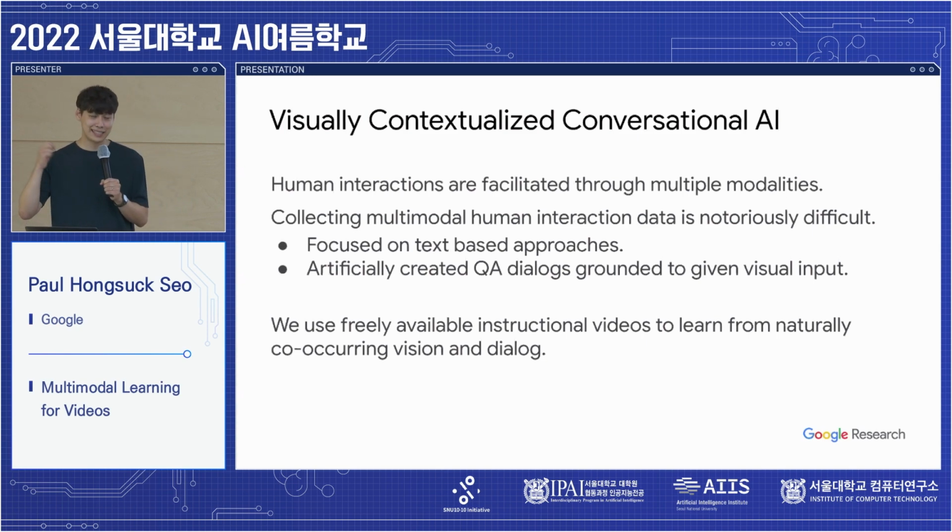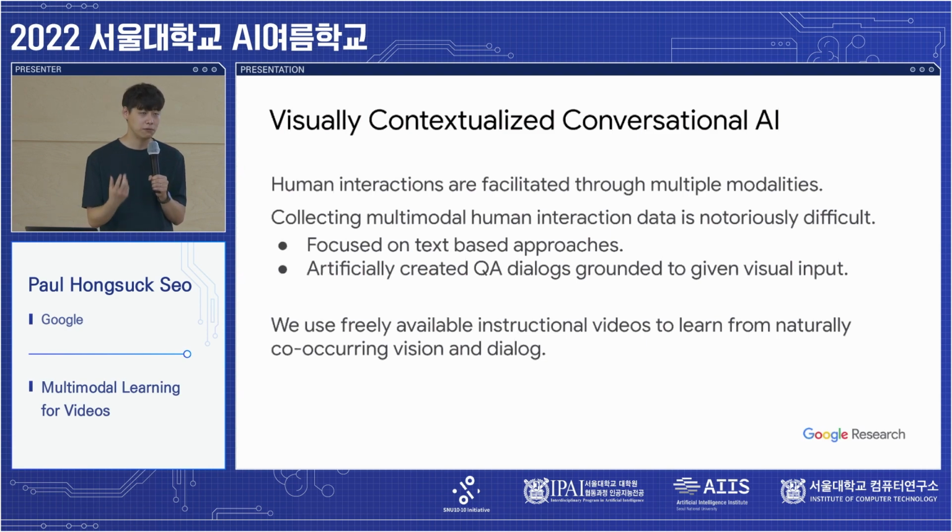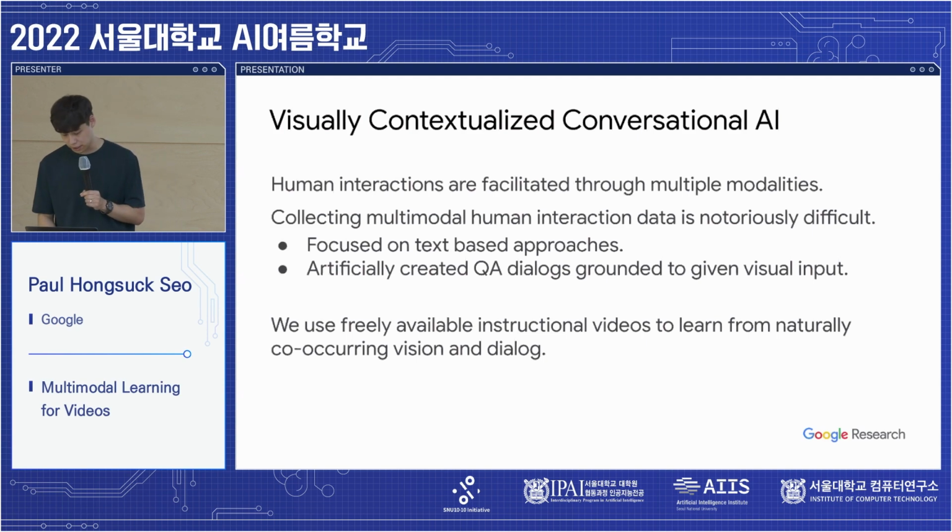This is not exactly the dialogue system itself, but dialogue modeling, because some videos contain only one single speaker. We believe this can be used as a stepping stone towards the visually contextualized conversational AI system.